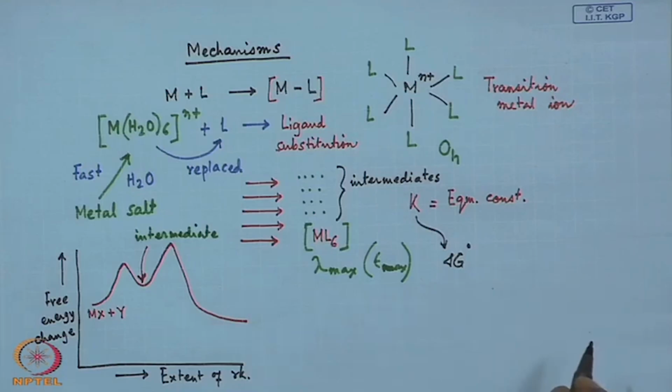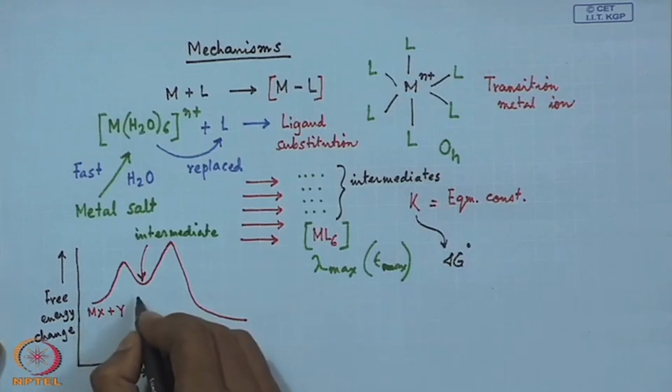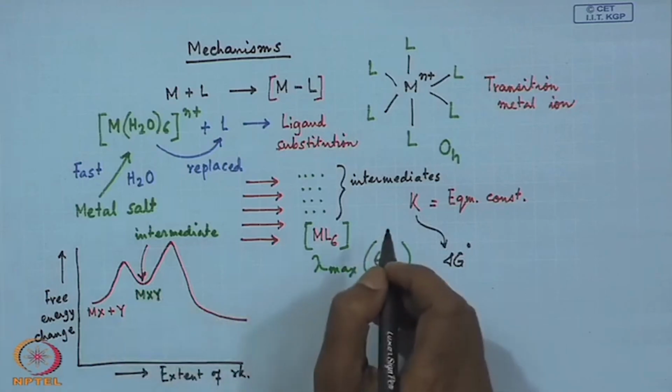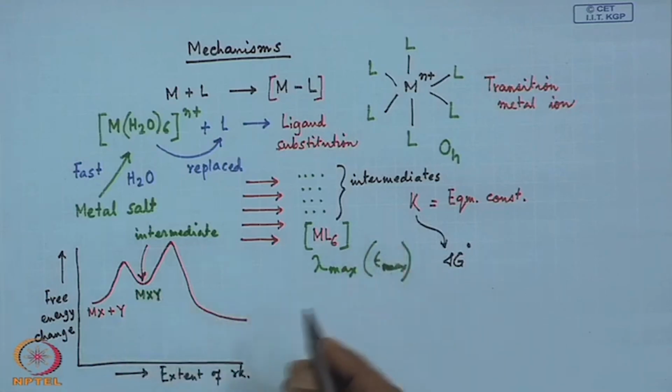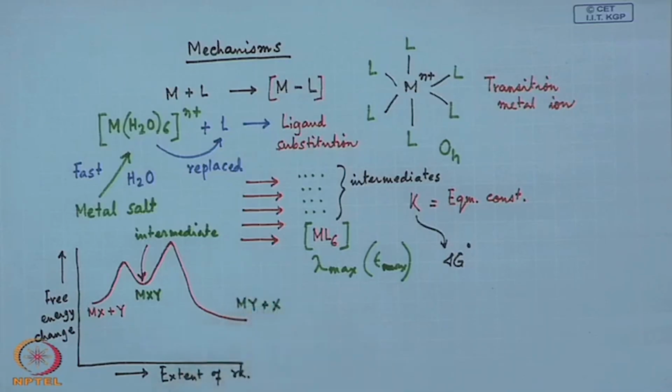So, the intermediate has some sufficient stability which we can measure, and in this case whether MX plus Y or MY directly can form over there tells us how quickly this intermediate is formed, and then we have MY plus X. Ultimate product, that means ML6, is forming.